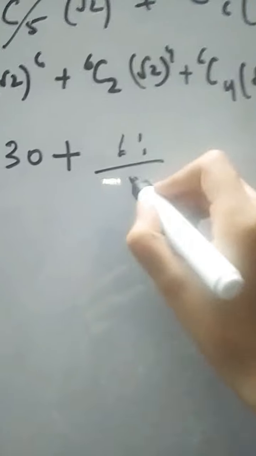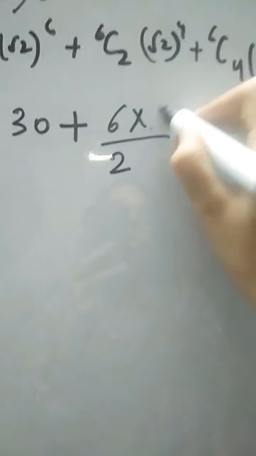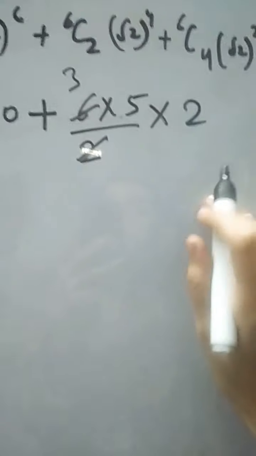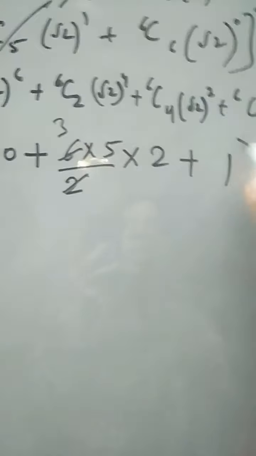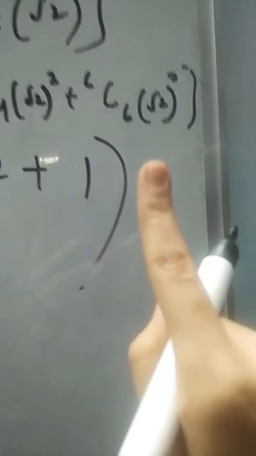6 factorial by 4 minus 2 is 2. I'm just solving it out. So it will be 6 into 5 by 2, so it is 15. Plus this will be 6C6, it will be 1, because root 2 raised to the power 0 is nothing but 1, and this will also become 1.